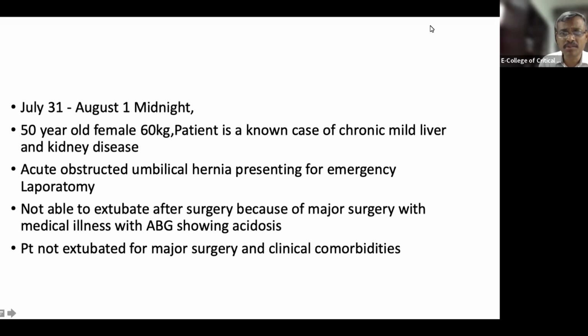The patient is a known case of chronic mild liver and kidney disease. So there is a pre-existing liver problem and kidney problem. It's very important. When you want to manage any patient, make sure you look at the past history, which will contribute to the further progress of the disease.